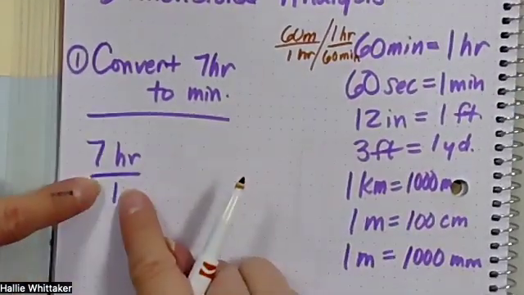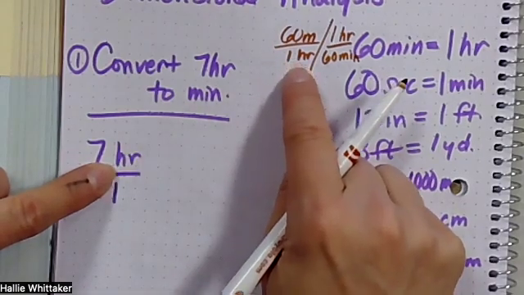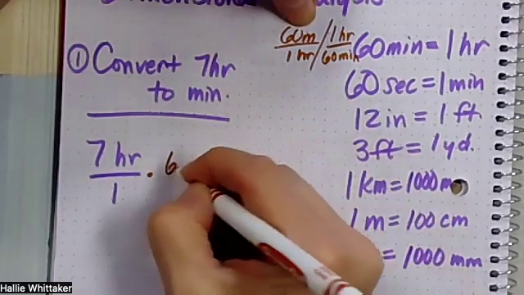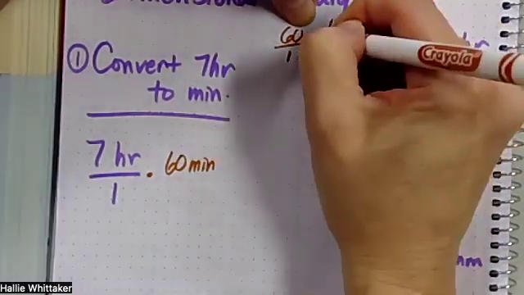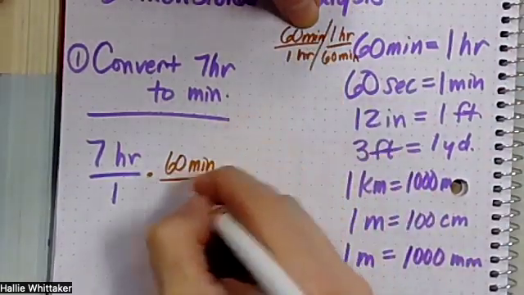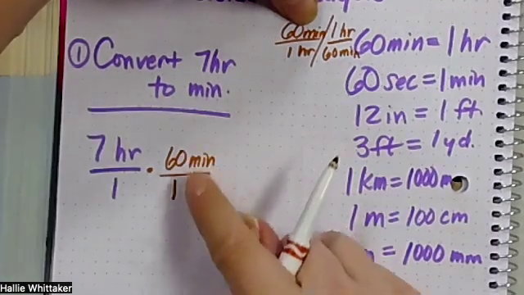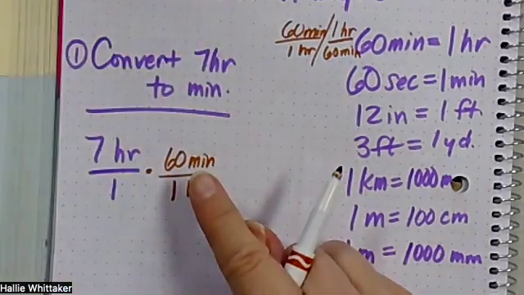So what you're going to do for this one is you want hours to cross eliminate. So I'm going to pick this one right here, times 60 minutes. Sorry, not M, that looks like meters. Put MIN for minutes. 60 minutes over 1 hour. And again, we can do this because this is equivalent to what? 1.